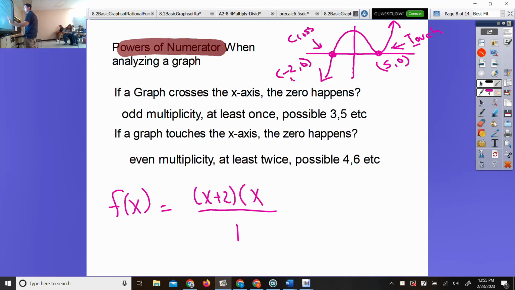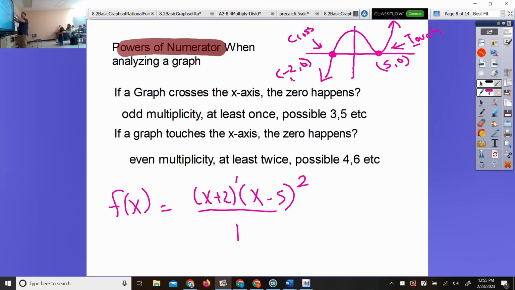X minus 5. We need to think about multiplicity. Negative 2 was a crossing. What's its exponent? 1. 5 was a touch. What's its exponent? 2. So that's old stuff. That's really old stuff. That's before Christmas break, isn't it? Really old stuff. There's your review on that.